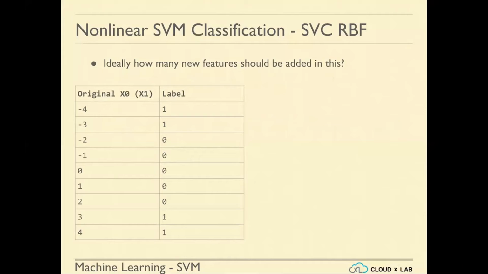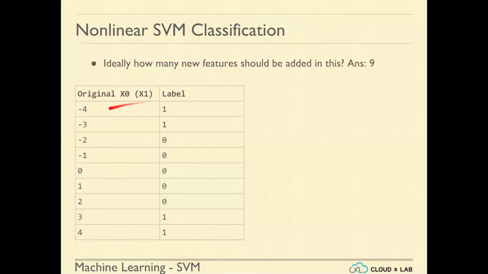For example here, how many features should be added in order to get the results in the case of RBF? If we are taking every value as a landmark, then we will be computing that many new features.